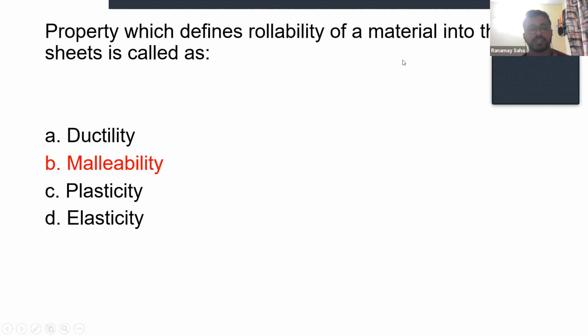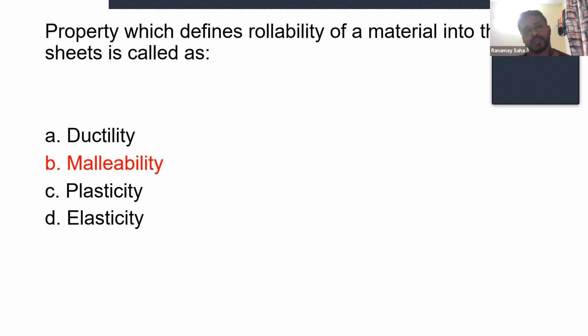Then comes this question. We discussed the difference between ductility and malleability last time. We have already covered a question involving ductility and malleability and plasticity and elasticity concepts. The property which defines rollability of a material into thin sheets is called, of course, malleability.